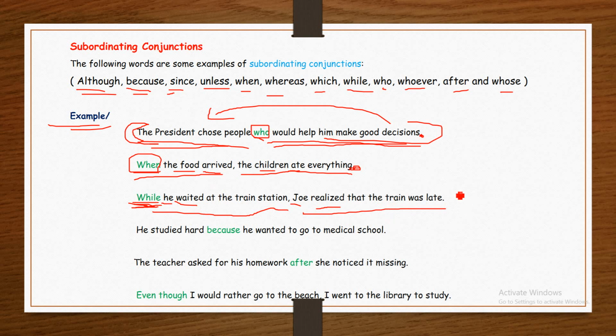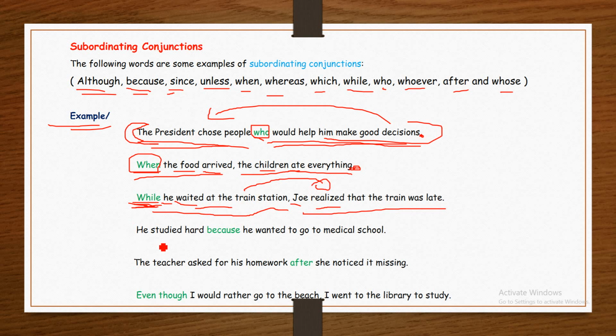This expresses a complete thought. But the subordinating clause does not express a complete thought. The meaning of this clause is reliant or dependent on this clause.